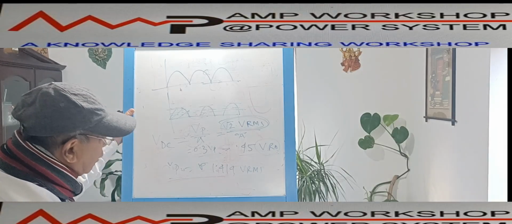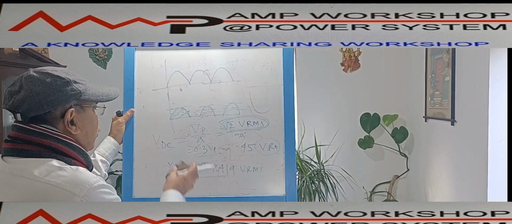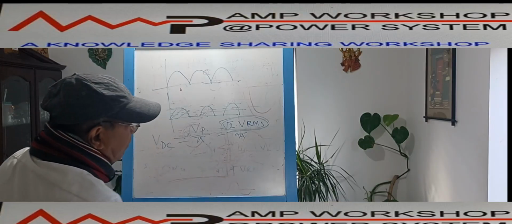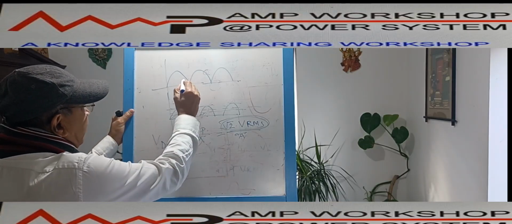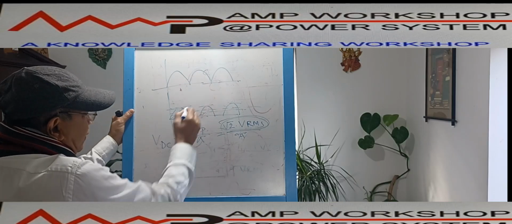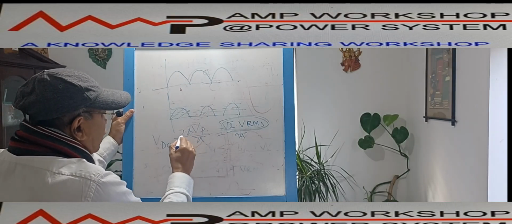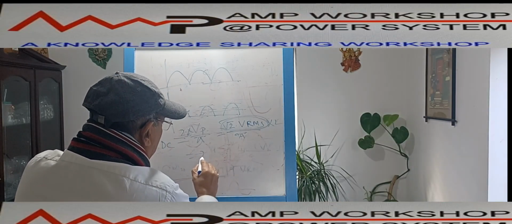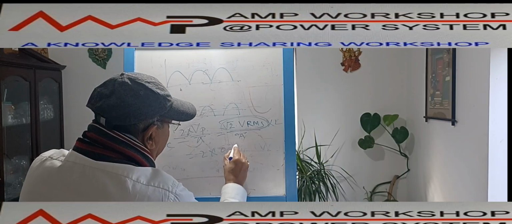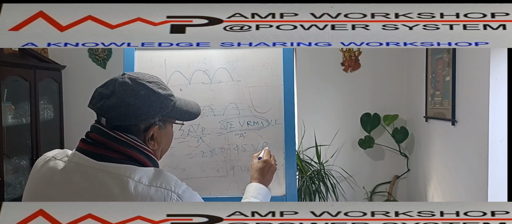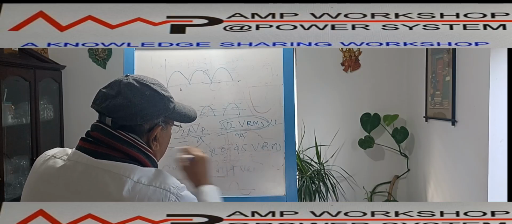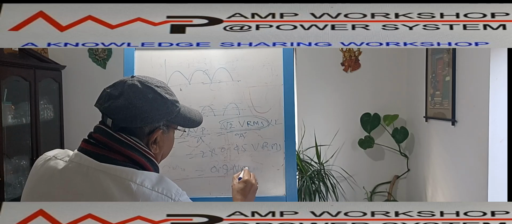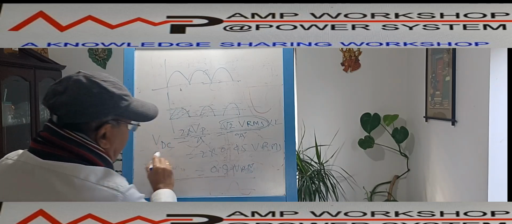Now, if you go to the full wave, how much will it be? We can calculate the full wave similarly. In the case of full wave, what is happening? Another half we are getting, right? So it will simply be 2 times. That means 2 into 0.45 VRMS, which is approximately 0.9 VRMS in the case of VDC.